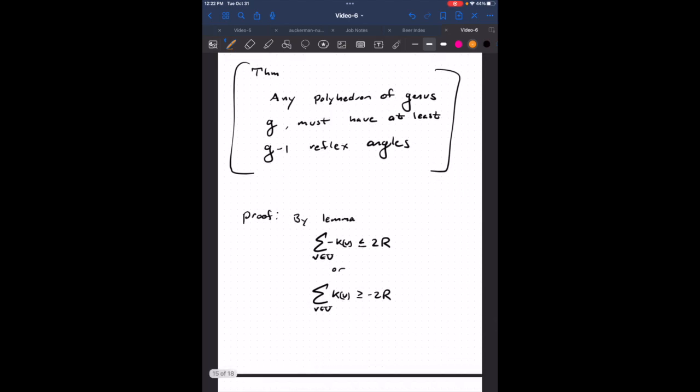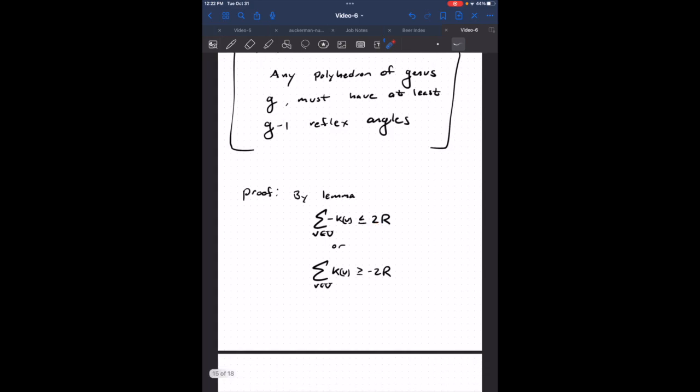So by our lemma, each vertex will appear in 2 reflex edges. So we get this quantity 2 here. And multiplying by the negatives flips the direction of the inequality. And then we use our Gauss-Bonnet theorem.